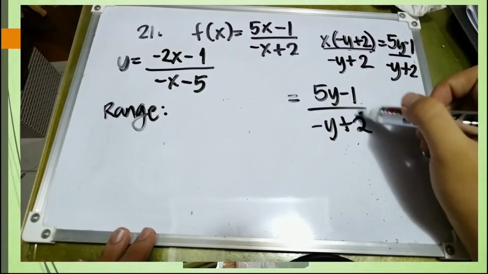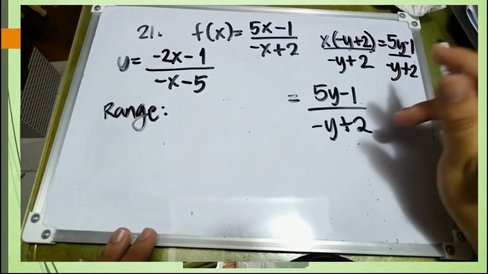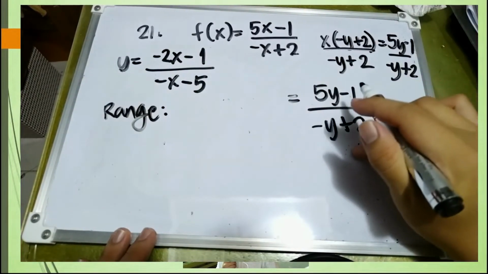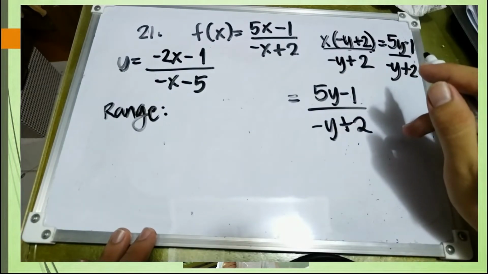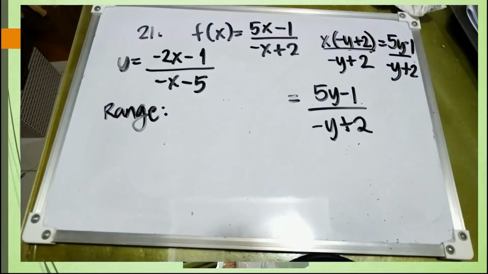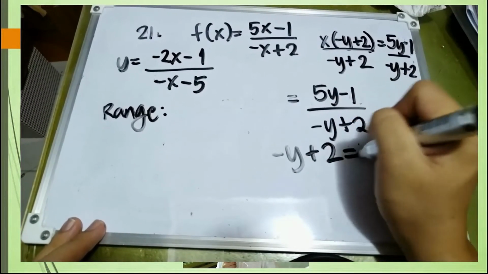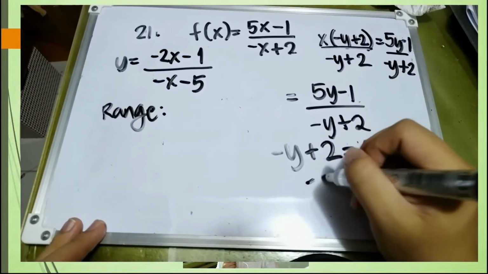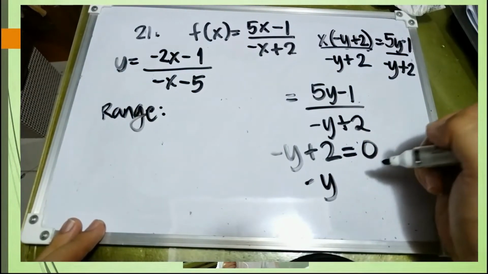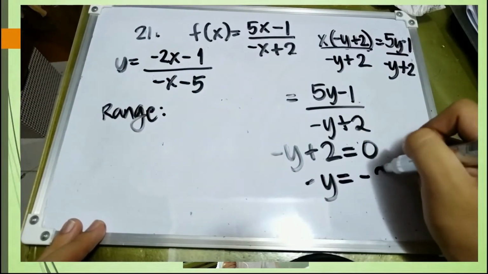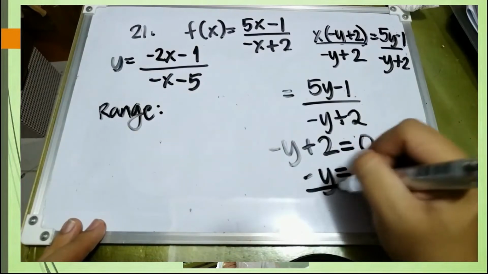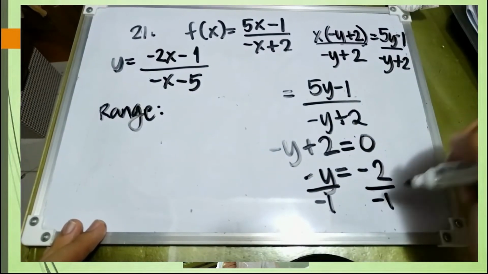Okay, now for this one, we're going to set the denominator to 0. So, negative y plus 2 is equal to 0. So, negative y is equal to negative 2. Divide both sides by negative 1.